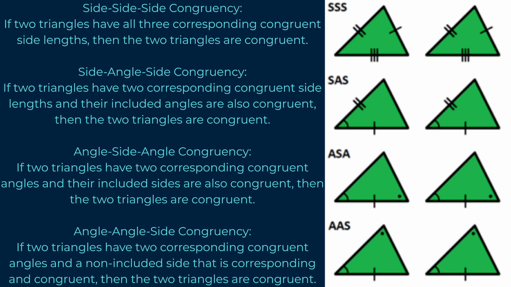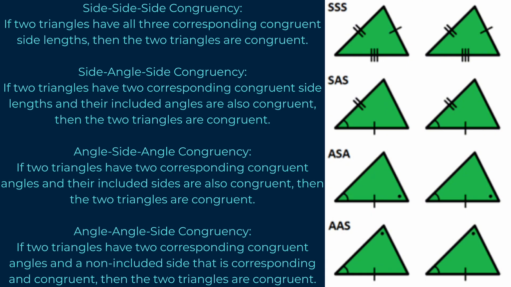So if you have a triangle with lengths 4, 5, and 8, and the other triangle has lengths 4, 5, and 8, then they are congruent. Notice how I say corresponding congruent side lengths. First, you have to correspond the sides, then you have to prove they are congruent. Then you can prove the two triangles congruent.